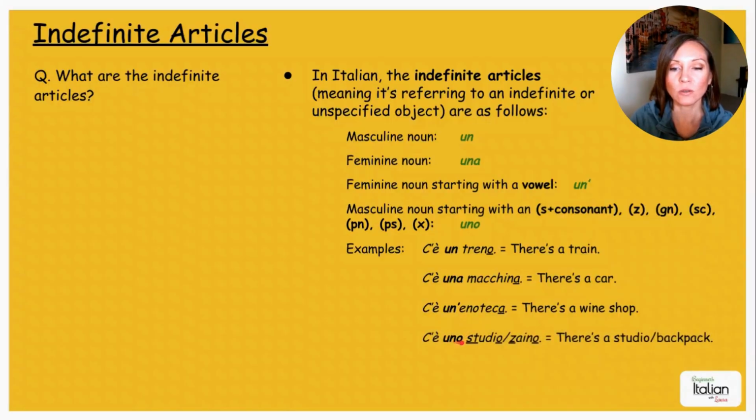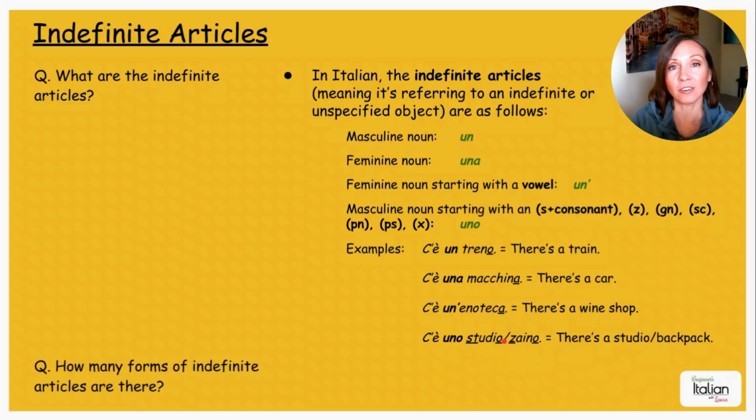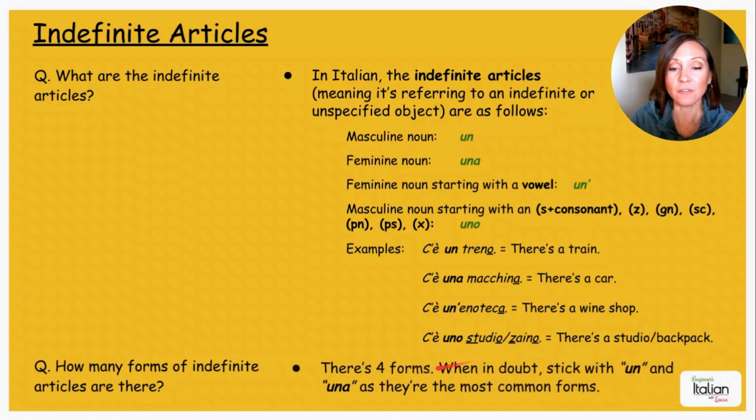And c'è uno studio or uno zaino. There's a studio or backpack. Okay, so we have uno, again ending with an O because it's starting with one of these strange little consonants here. Okay, studio and zaino. How many forms of indefinite articles are there? Well, there's 4 forms.